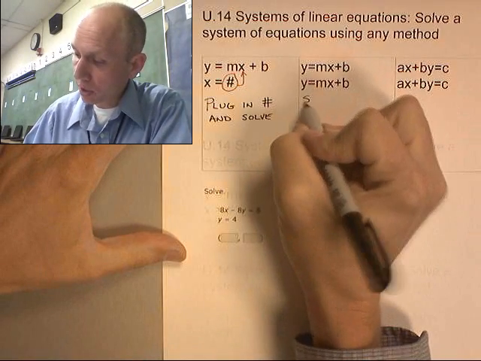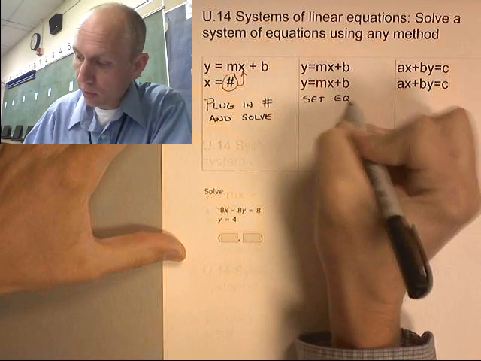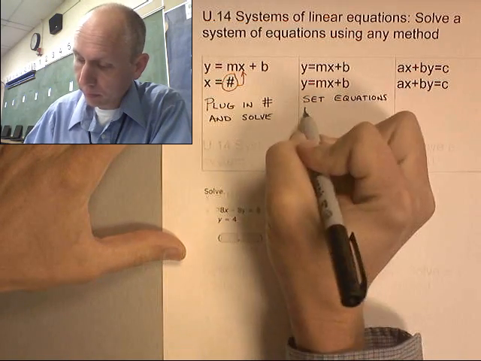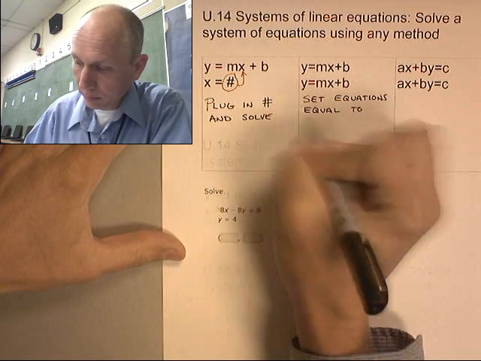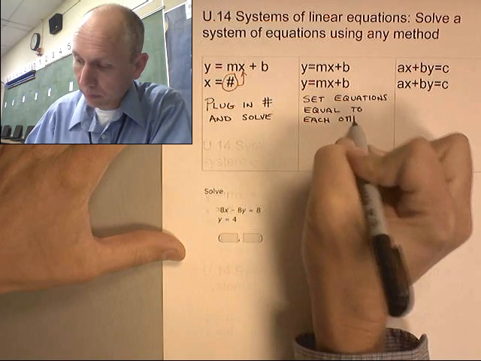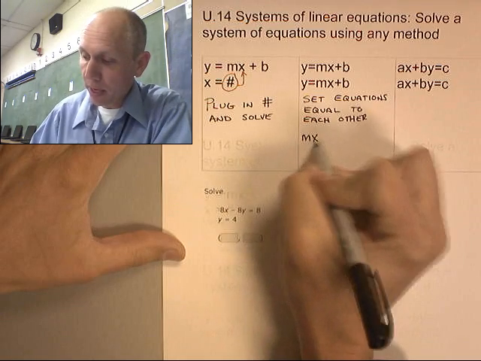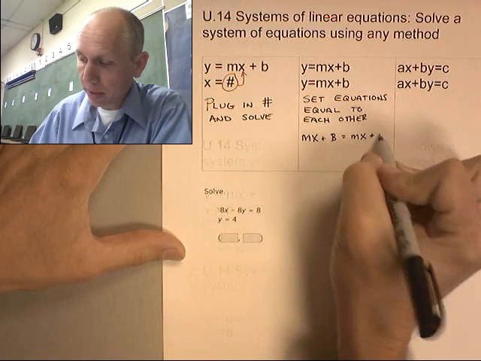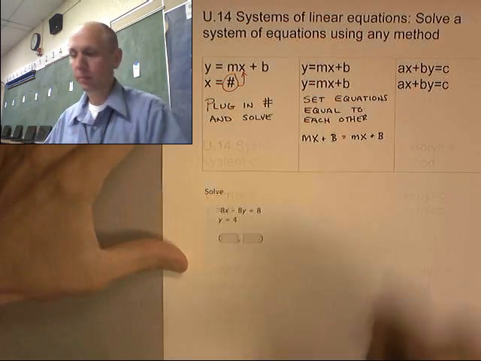So these guys, we're going to set equations equal to each other. So what I'll have is mx plus b equals mx plus b. I'm just setting them equal.